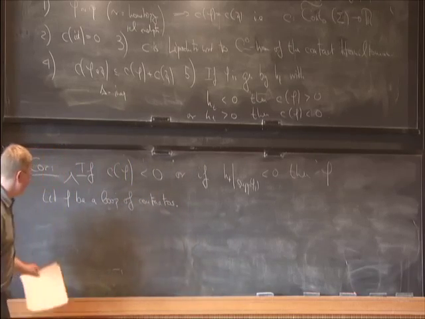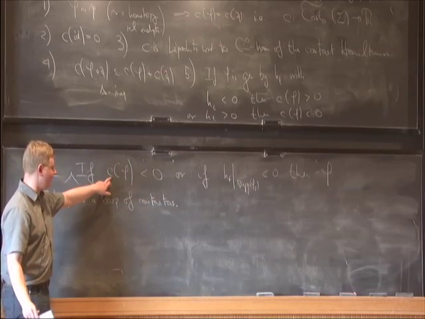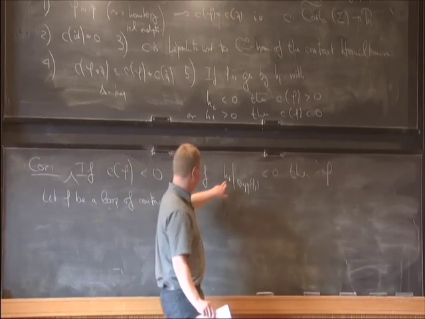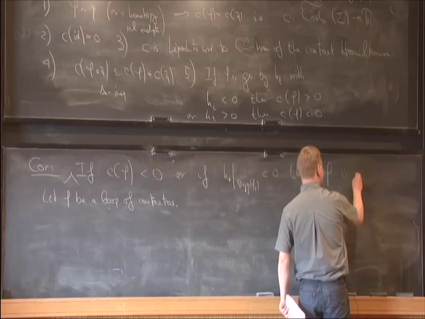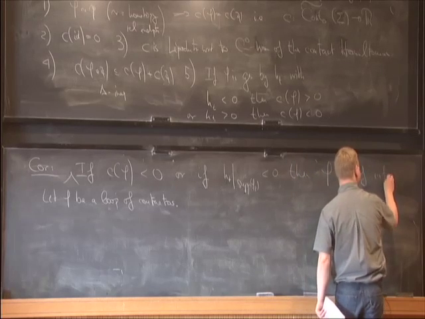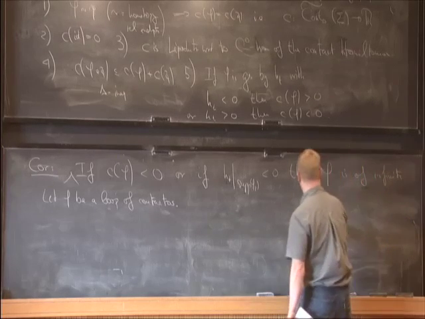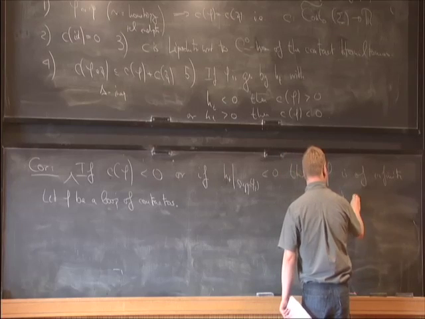We start with the loop, and we assume that either C of phi is negative, or, an addition I forgot to mention earlier, HT restricted to the support of phi t is strictly negative. Then phi is of infinite order in pi 1 of Cont.